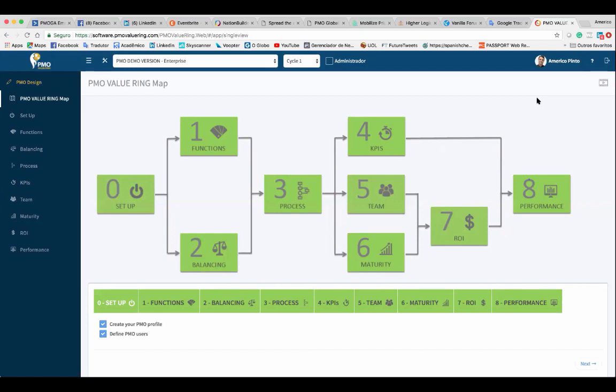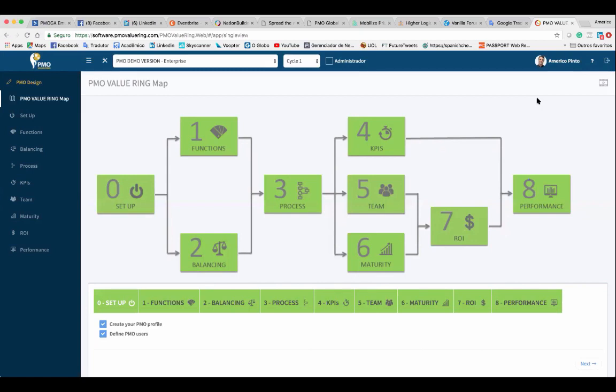So every person has a competence adherence indicator. So we will assign people, and depending on the members that I'm assigning, I will have the competence adherence indicator for the function. And if I want to improve this number, I have to develop people, or I have to bring more competent people to the PMO.